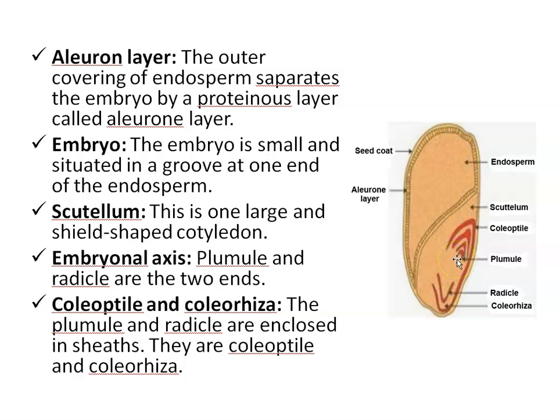Here, plumule and radicle are enclosed in sheaths. So they are coleoptile and coleorhiza. Plumule is enclosed in a sheath called coleoptile, and radicle is enclosed in a sheath that is known as coleorhiza.